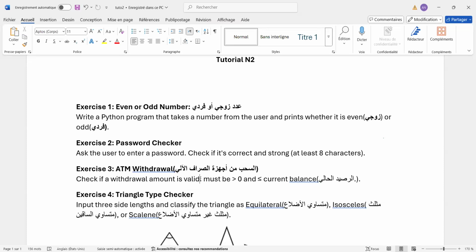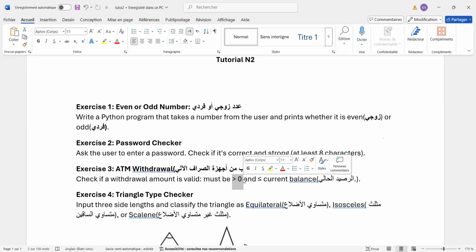Let's start with the first word, which is valid. A valid amount that we are going to take from the bank must be greater than zero, okay? We don't go to the bank and tell the banker, give me -10 or -50. We always take a positive amount of money, okay, guys?